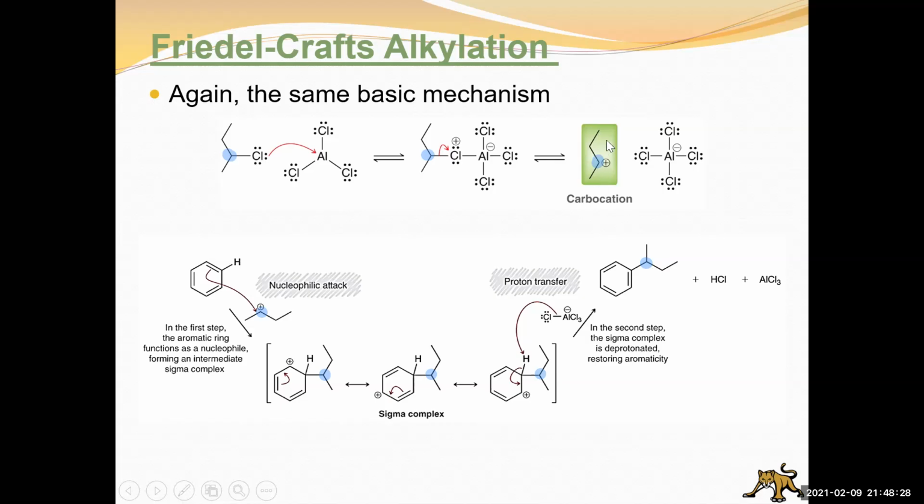That would have immediately rearranged to give you a secondary carbocation. And if this molecule happened to have the possibility of doing a carbocation rearrangement to form a tertiary, for example, if it had a methyl group right there, this species would have undergone carbocation rearrangement.